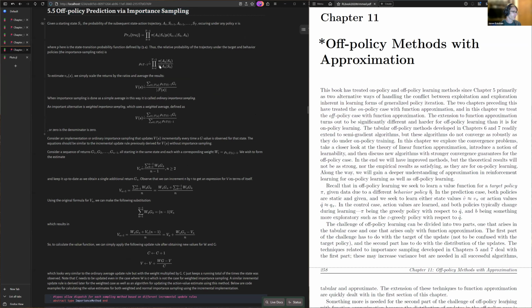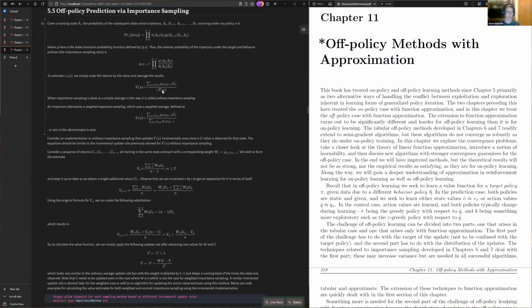And the idea behind importance sampling is you're computing the relative probability of all of the action selections between the target policy and the behavior policy. And then if you want to approximate the values, but you only have samples from the behavior policy, then you have to adjust the samples with this ratio.